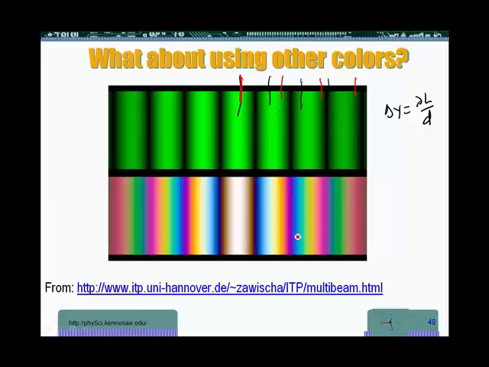In between you have mixtures, the places where they are going to add up, and you get a more complicated pattern as we go on. Again, the middle one is white, all of them adding up, and then that first bright fringe, its borders are going to be the red one, because it's the largest wavelength we see. And then we are going to start seeing the bright fringe for the green, and so on.